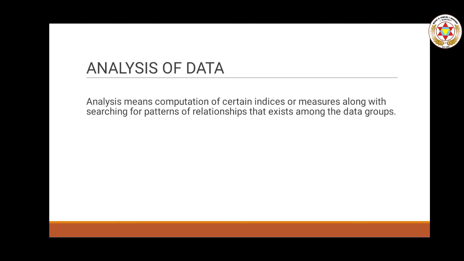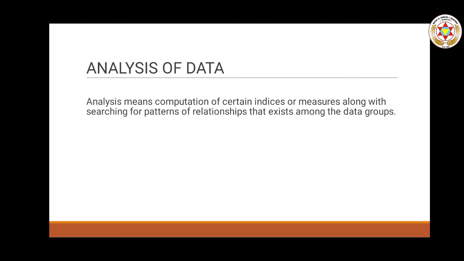After this, the final part is the analysis of data. As the data goes through these different processes, it is ready for analysis. Analysis means computation of certain indices or measures along with searching for patterns or relationships that exist among the data groups.